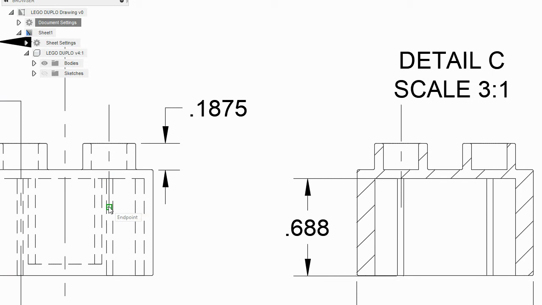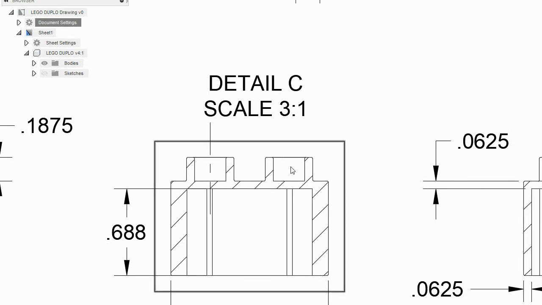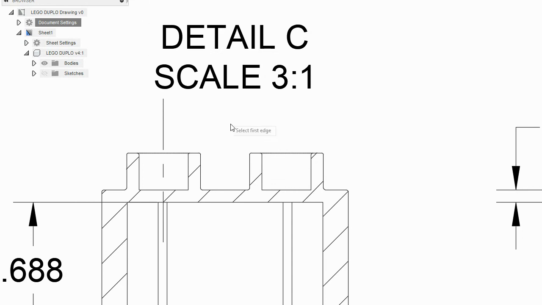Click, hold, drag, snap. We can continue this process from left to right in this case. Center line, escape, left click, hold, and drag. Let go, left click, hold, drag, and let go. Escape.